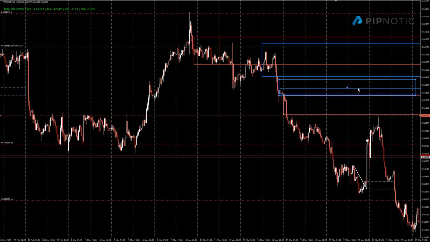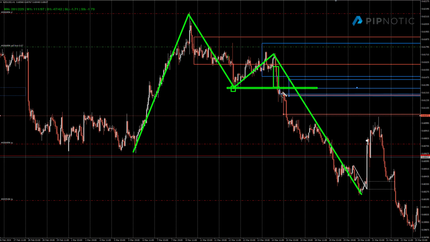So we could get a reaction there, but notice that we do have inefficiency above price, but we might not even get past this, which looks like this. So we could likely move to the premium side of this zone before we move lower.